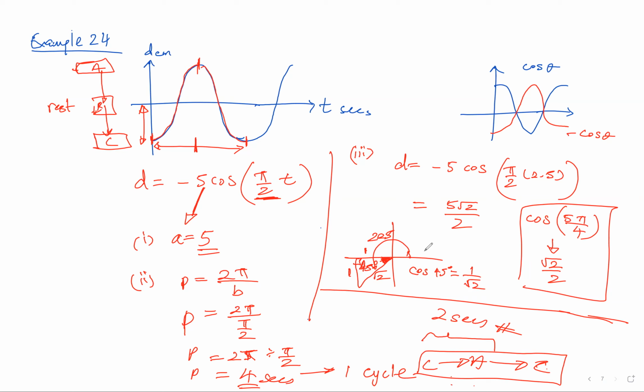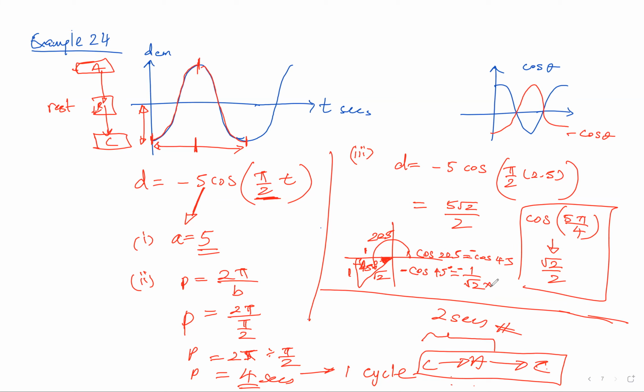So cos 225 is the same as cos 45 with a negative sign. Just remember, because cos in the third quadrant is always negative. The only thing that is positive is tangent.